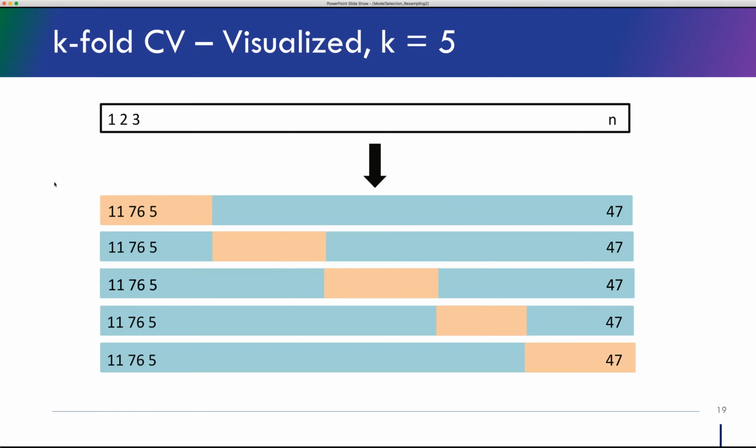Each time you take one fold out for testing. The next time you take the second fold for testing, the third time the third, and you repeat this for all 5 groups. Then you get the corresponding mean square errors and take the average of those mean square errors. You get your cross-validation error.